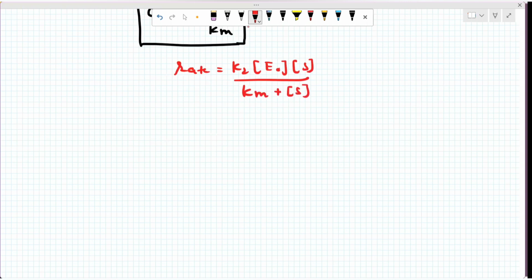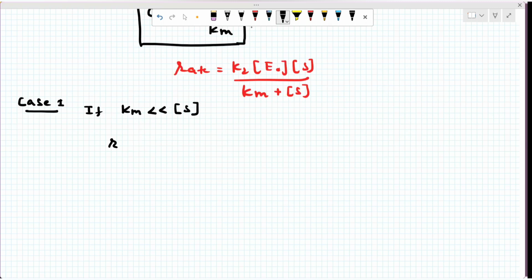Now case one. Please note the case. Very important, case one important question. If the Km less than initial concentration. What is the rate?